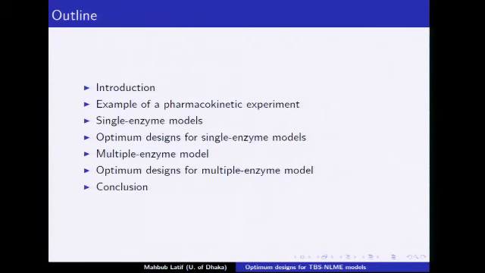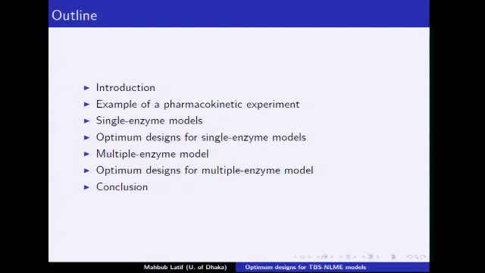This is my outline of the talk. At the beginning I will tell about the experiments which we are interested in, and this experiment is a part of the drug development process.